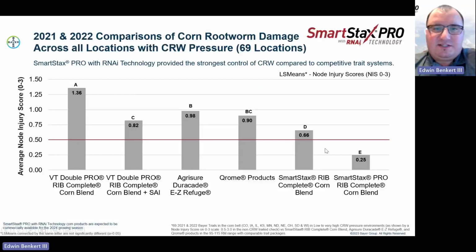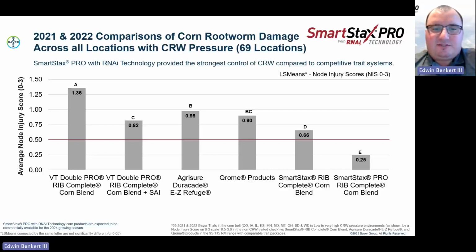So a couple things to keep in mind. In the United States, the EPA, Environmental Protection Agency, has set 0.5 on that 0 to 3 injury scale as our threshold for root injury on a traited product. So if we have a traited product that has root injury above that threshold, then that requires us as a company and our competitors to go out and assess what's going on in that field.